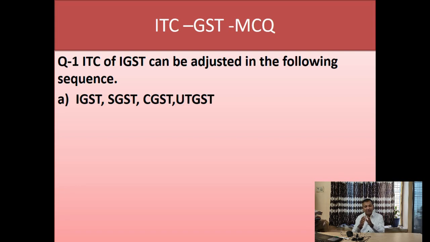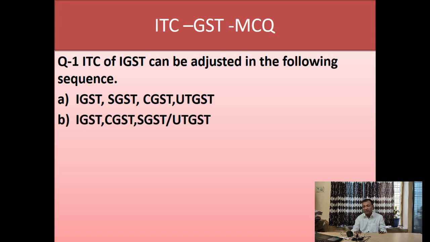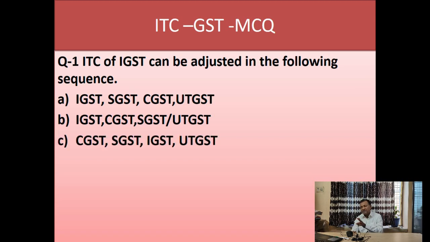In which sequence will the ITC of IGST be adjusted? There are 4 options here, and the first option is IGST, SGST, CGST, UTGST. Let me tell you that IGST will be adjusted first.